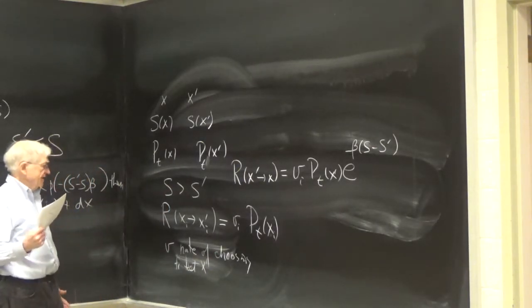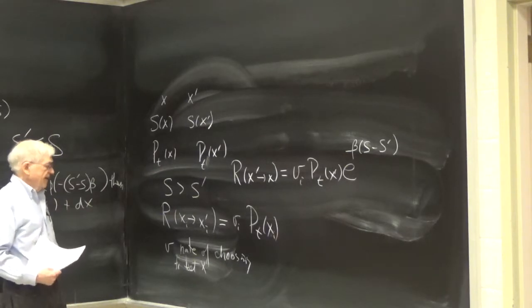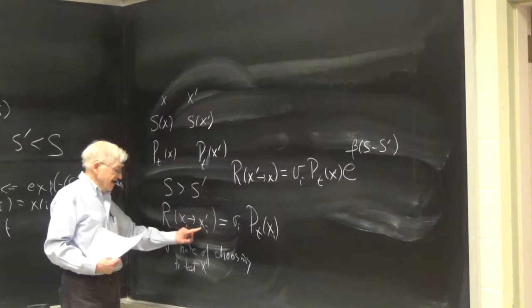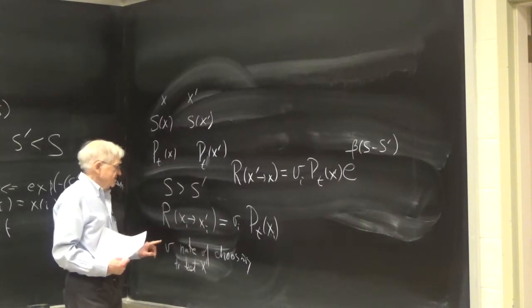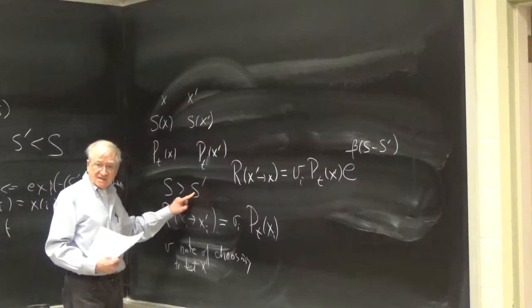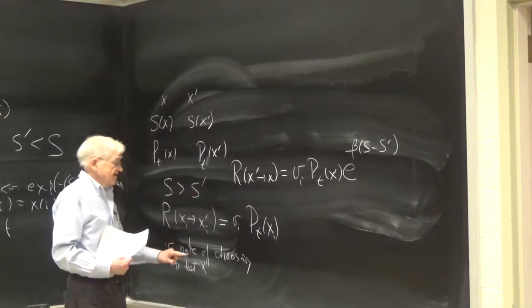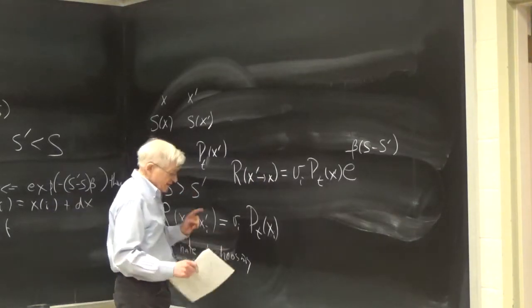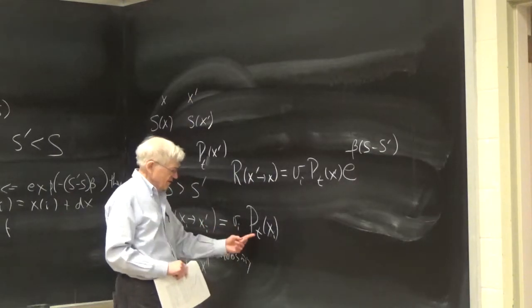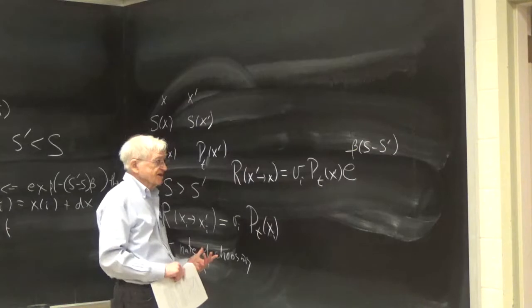So if S is greater than S prime, then you always accept going from x to x prime, and so the rate of going from x to x prime is just the chance of being at x.